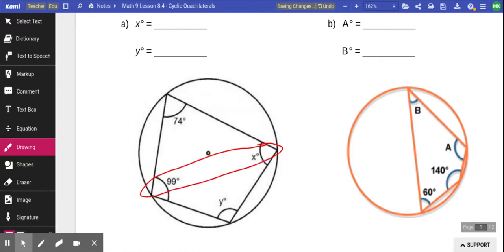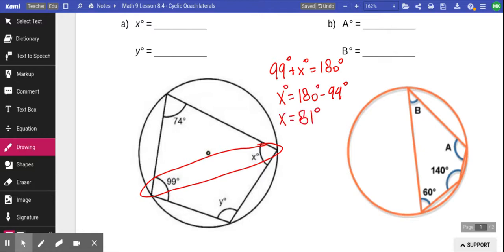That means 99 plus X should equal 180. That's the rule. We could then solve X by subtracting 99 from 180. That means in this case, X equals 81 degrees.